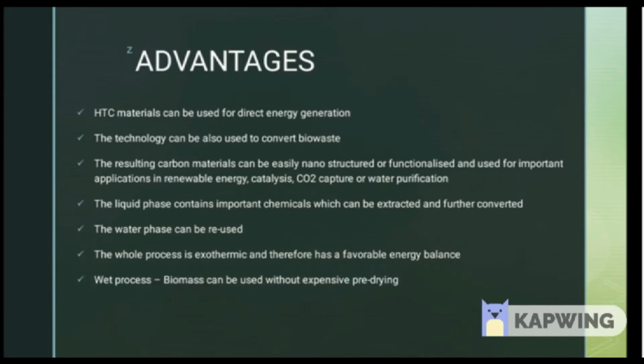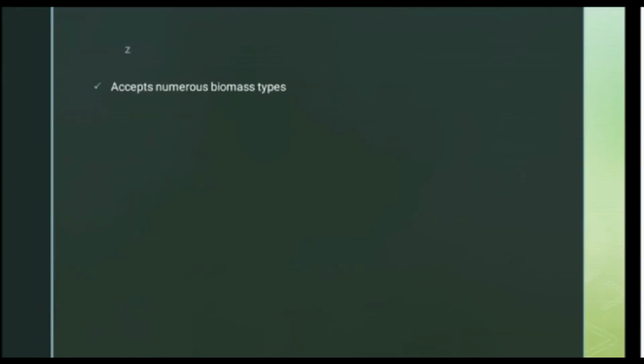Next, biomass can be used without expensive pre-treatment. Next, this process accepts numerous biomass types, such as agriculture waste, kitchen waste as well as food waste. Next is low impact technology with very low odor and noise emission.